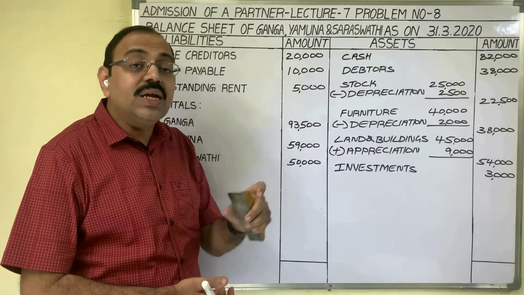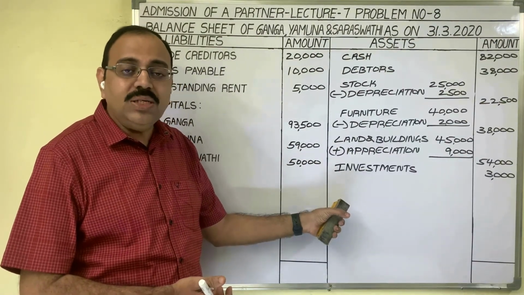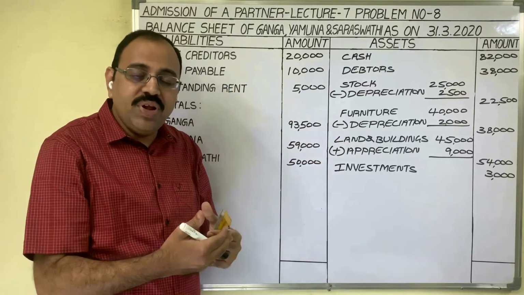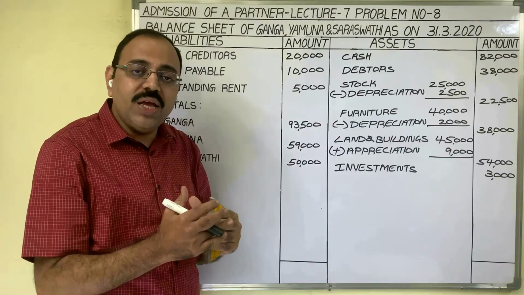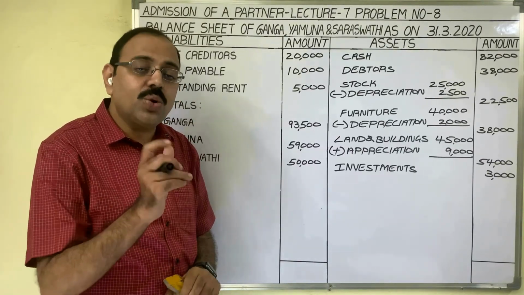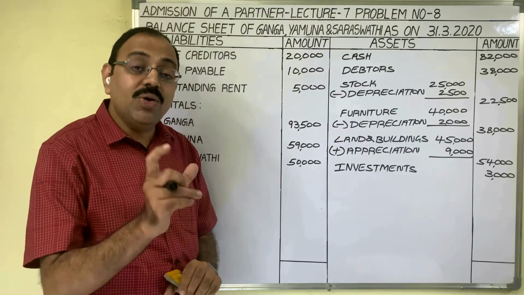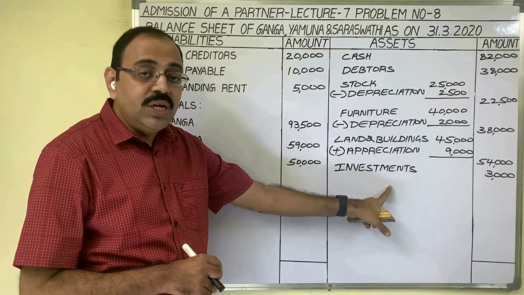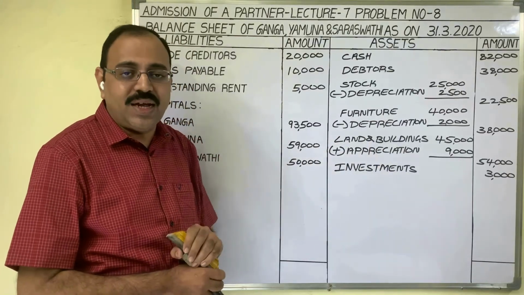And goodwill doesn't come in new balance sheet because this is premium method B. New partner brought goodwill in the business, that goodwill is retained in the business. In this method, goodwill account is closed. There is no balance carried down in goodwill account now. Therefore, we should not show goodwill amount in new balance sheet under asset side.